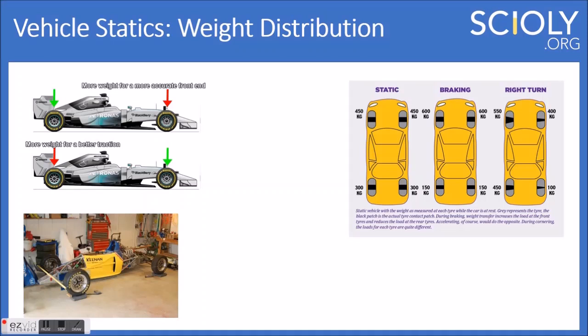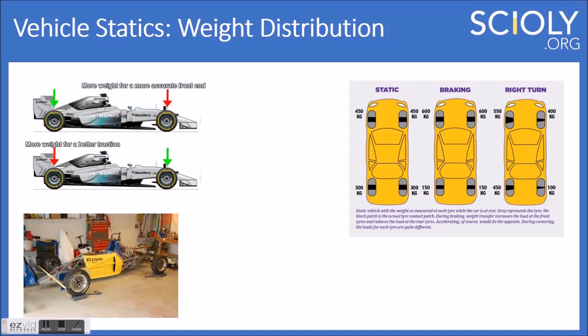They basically put what we'll call scales underneath each of the wheels, and they can measure how much force is being applied to each scale. So they can measure the weight distribution being applied to each wheel. There are advantages and disadvantages to having differences in your weight distribution.